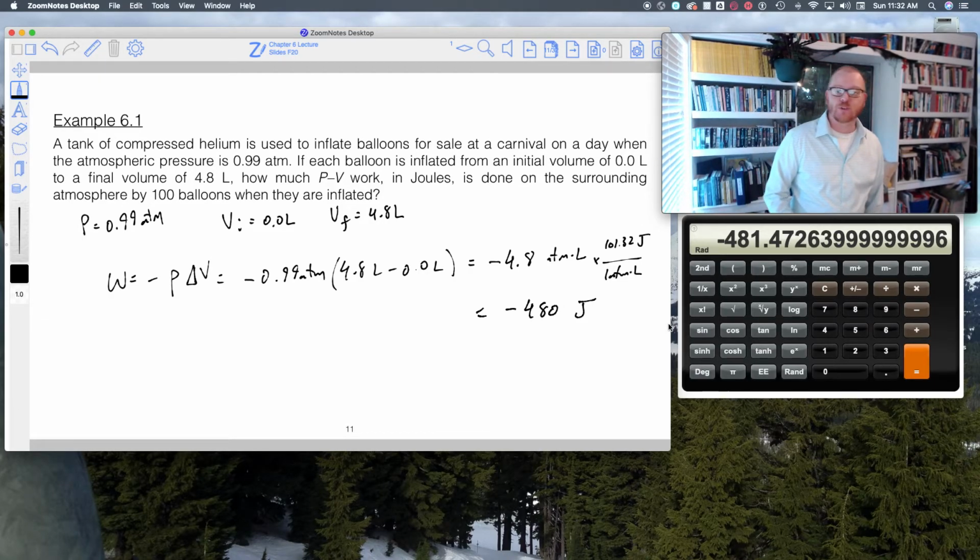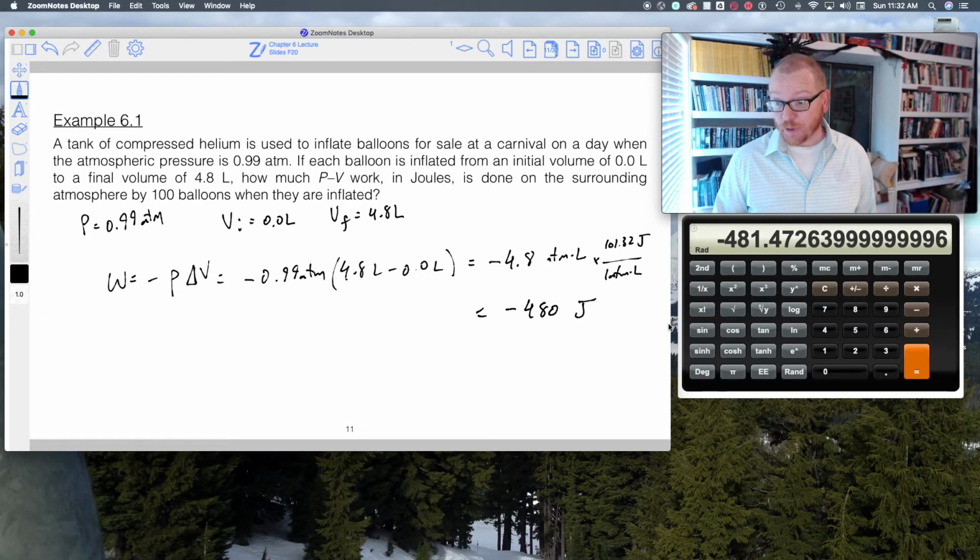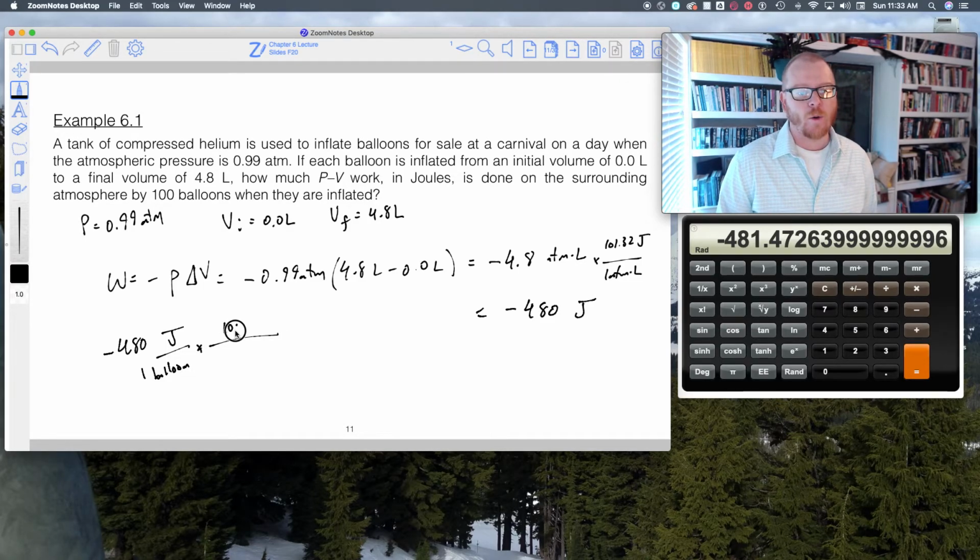And now that was only for one balloon, right? So I can do this with dimensional analysis by the following. I can say negative 480 joules per one balloon, times 100 balloons, and I don't have to put anything on the bottom there, because that's just going to cancel the balloons.